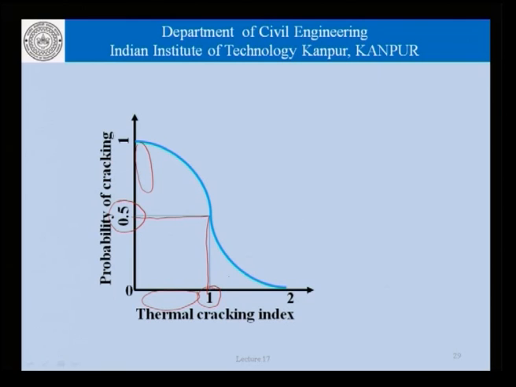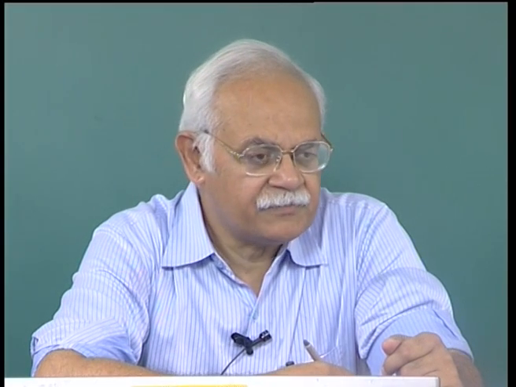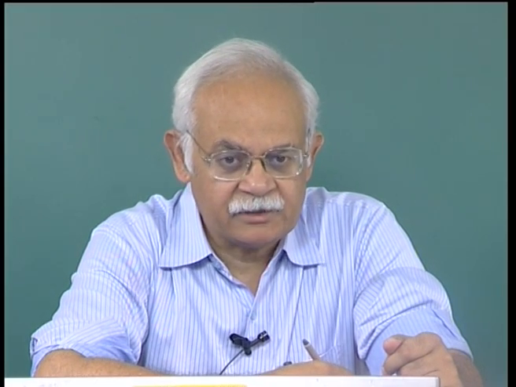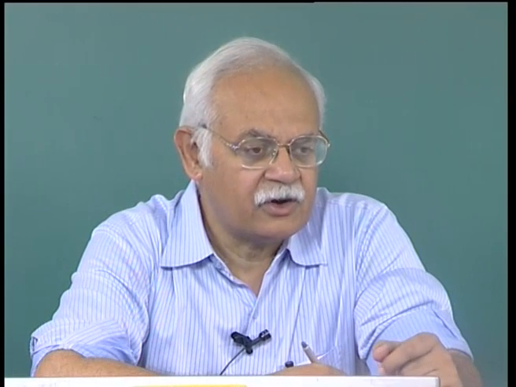If it increases and becomes greater than 1, then the probability of cracking goes down, and we are operating in this range. What we should remember is that cracking at the end of it is a very difficult phenomenon to predict, and therefore, even with a high cracking index, the possibility that we will miss out some portion of concrete which may have cracks cannot be ruled out.